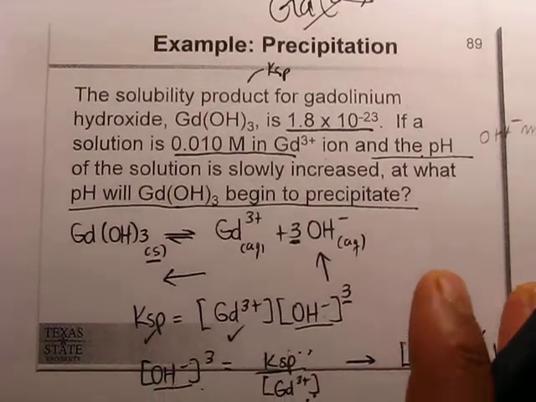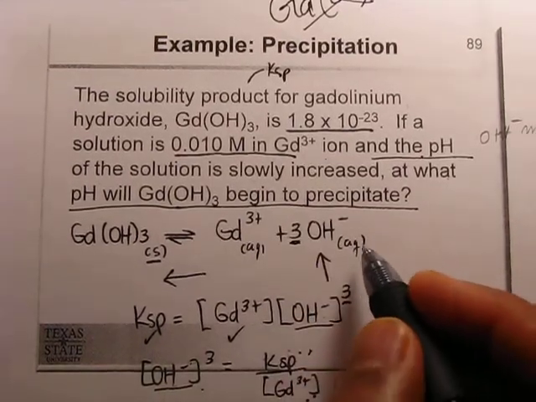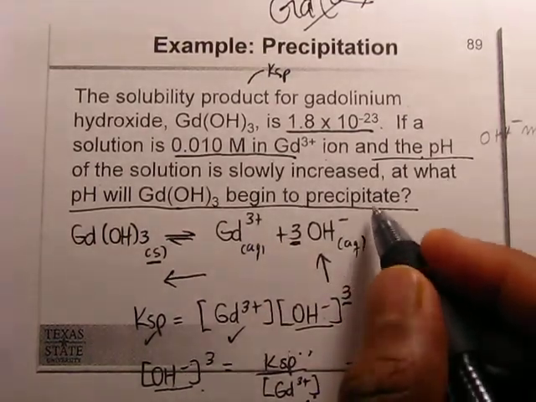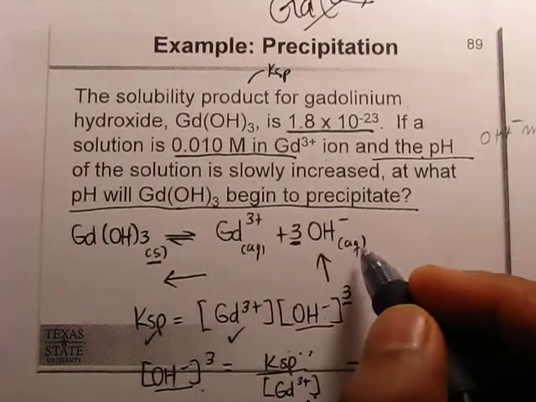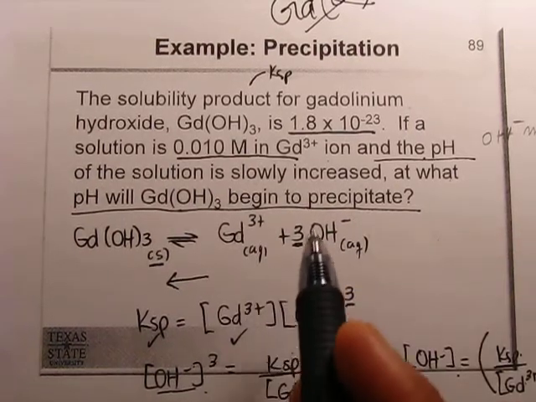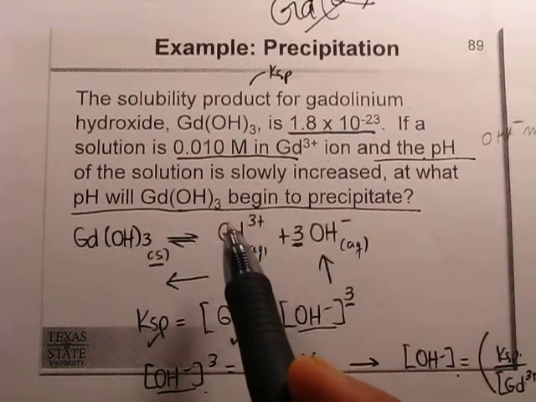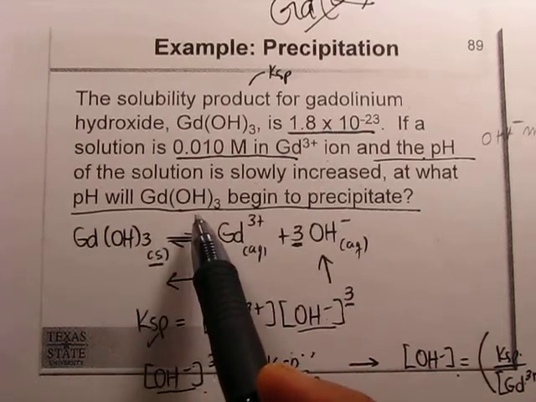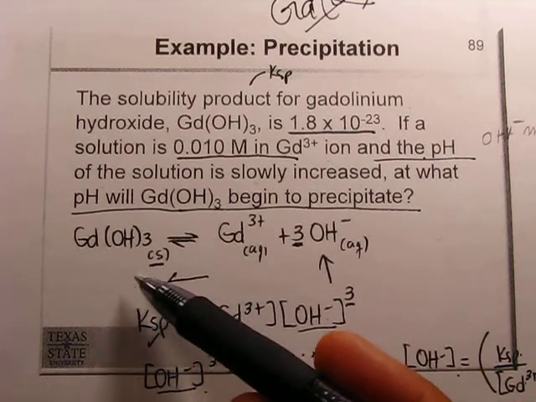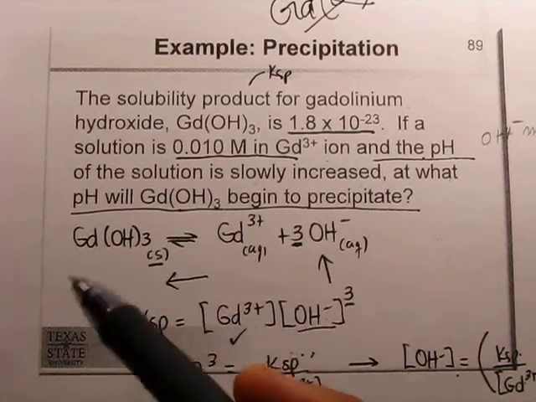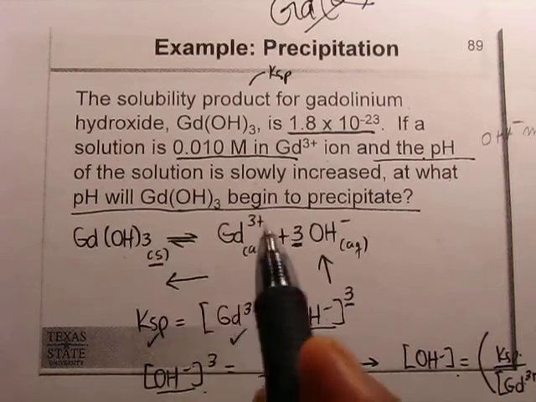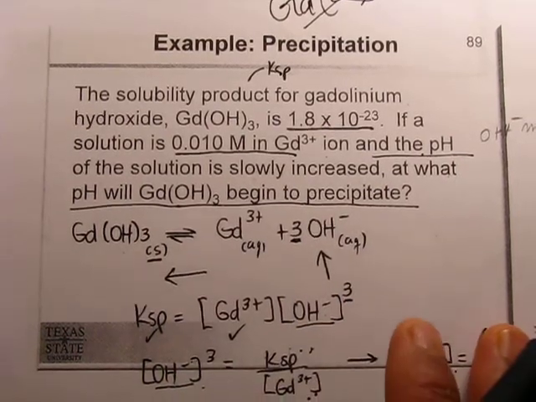Now they are saying that pH keeps increasing, meaning we keep increasing the hydroxyl ion in this reaction mixture, and at what pH gadolinium hydroxide will start precipitating, meaning at what pH the equilibrium will shift toward the solid reactant side and all the gadolinium will precipitate rather than remain as ions.